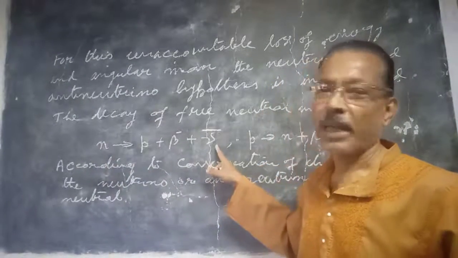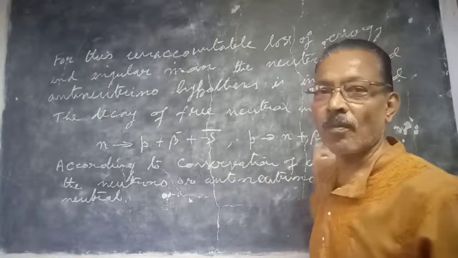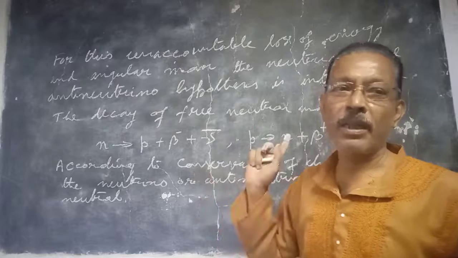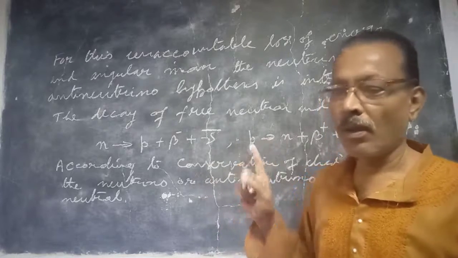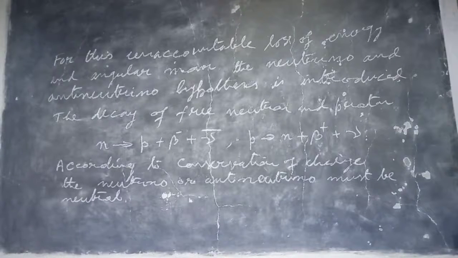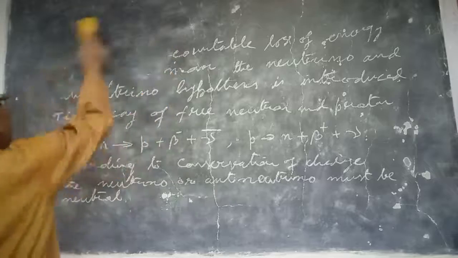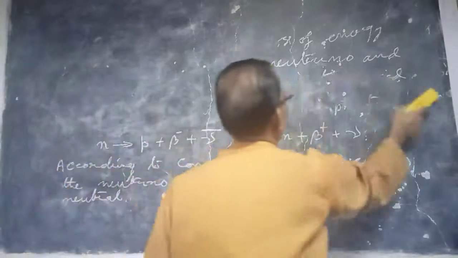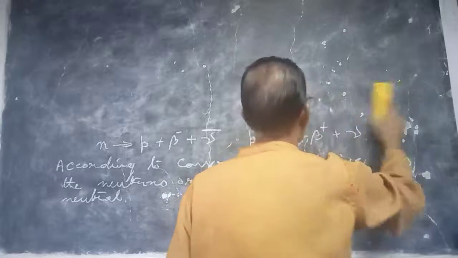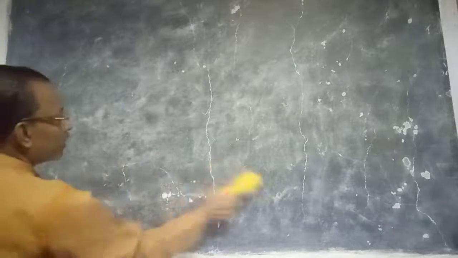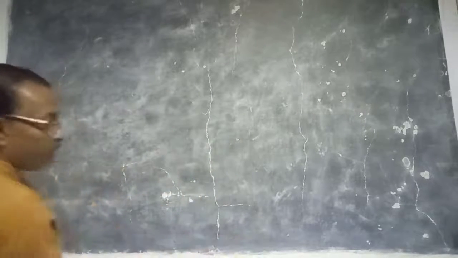So this antineutrino or neutrino must have a spin which is half integral.